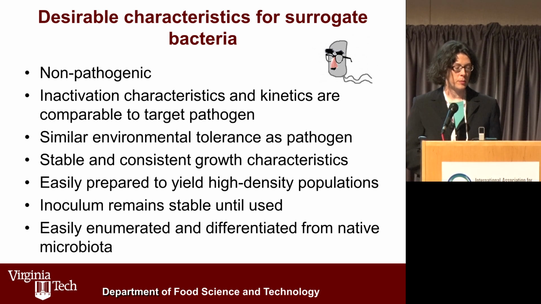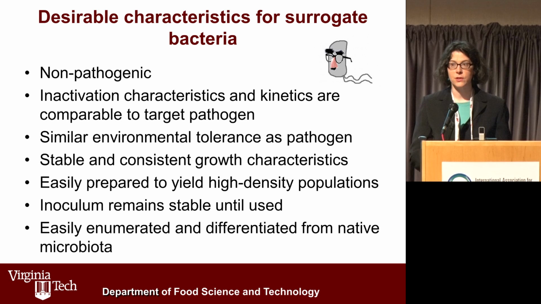The surrogate should be stable, and it should have good, stable growth characteristics where each time you can reliably achieve the same inoculum and you can achieve the same physiological state, because all of those things will influence the inactivation of that organism.